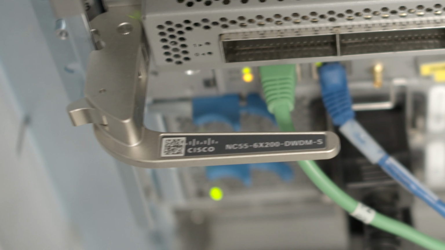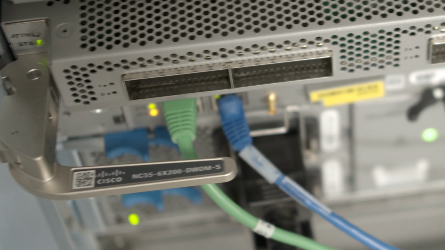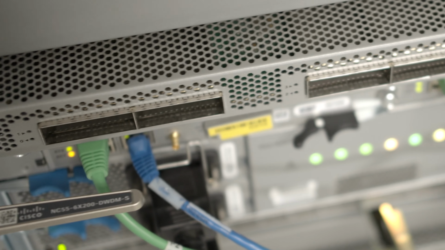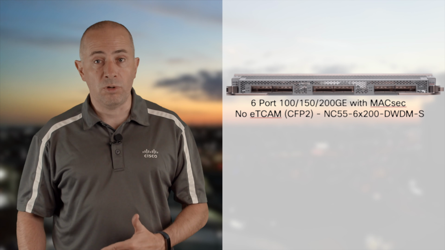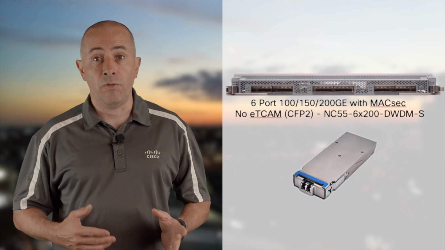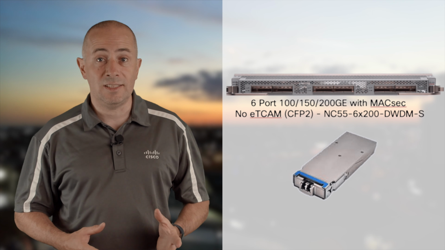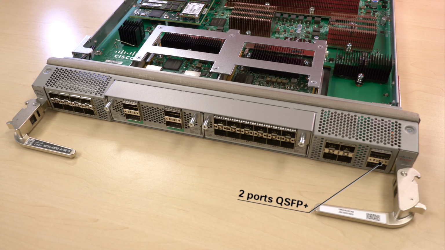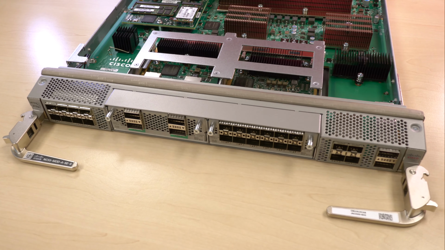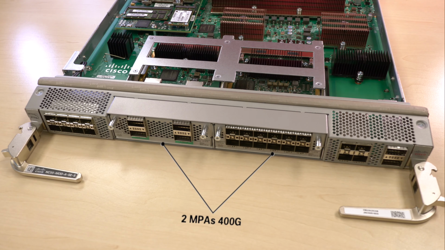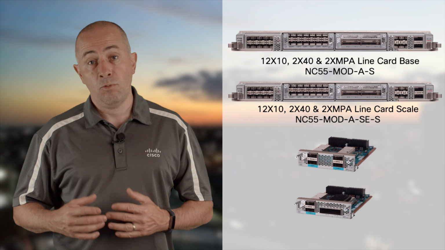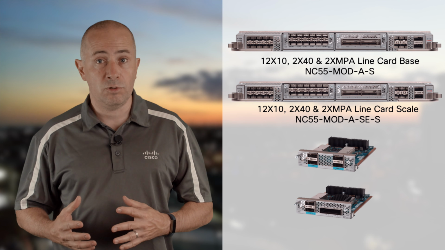On the DWDM card, we support 200 gig, 150 and 100 gig, but of course here no gray ports, only coherent. On this one we only support CFP2 DCO optics. On the modular line card we have QSFP ports on the right part, but they are only QSFP plus 40 gig capable, not 100 gig.